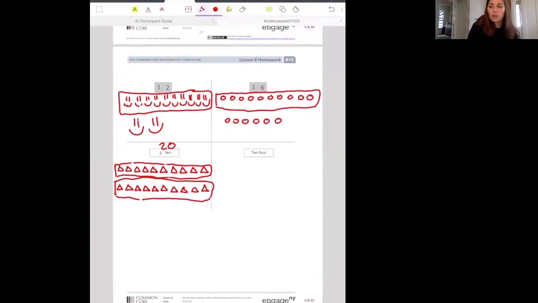This time, why don't we do just little ovals? 1, 2, 3, 4, 5, 6, 7, 8, 9, 10. 1 group of 10. 1 group of 10 and 4 ones. 1, 2, 3, 4. What's your number? 14.